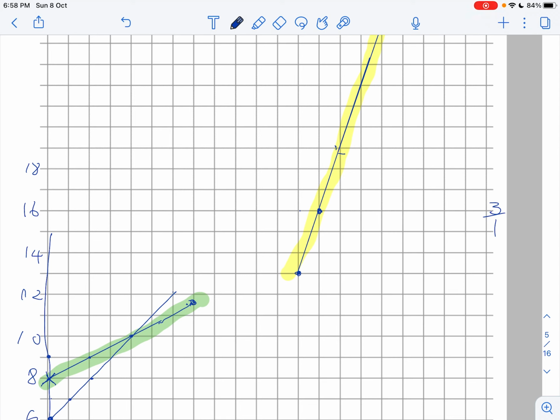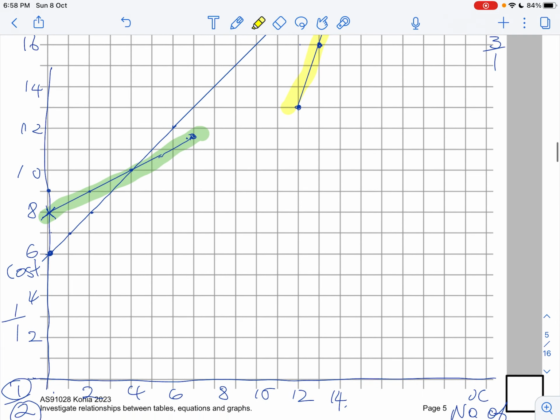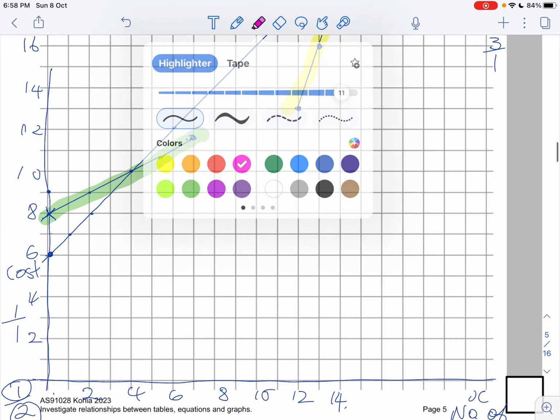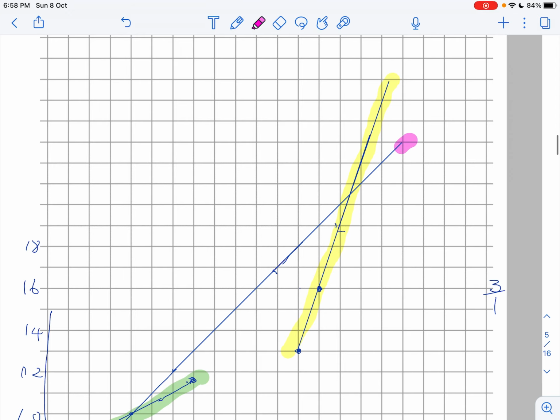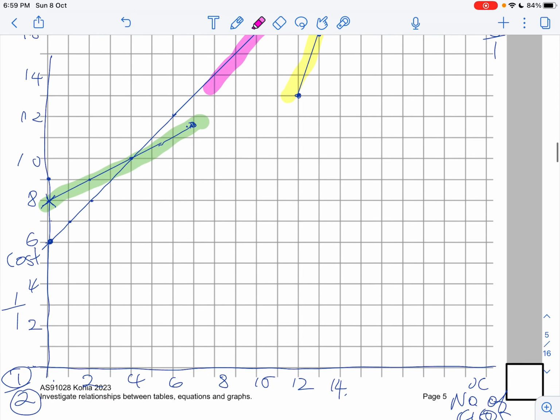We'll keep drawing it through so it goes through the other graph as well, because then we can see. And that one's the pink one, so we'll just highlight it in pink.